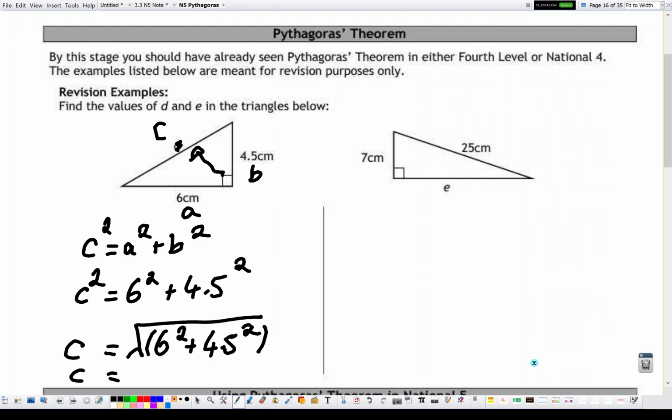So you're hitting the square root button, which you can hopefully all locate on your calculator, and if you need to open a bracket, type in 6 squared plus 4.5 squared and close your bracket, and you should hopefully get an answer of 7.5 centimeters, and that is us done. That's the length of the longest side.